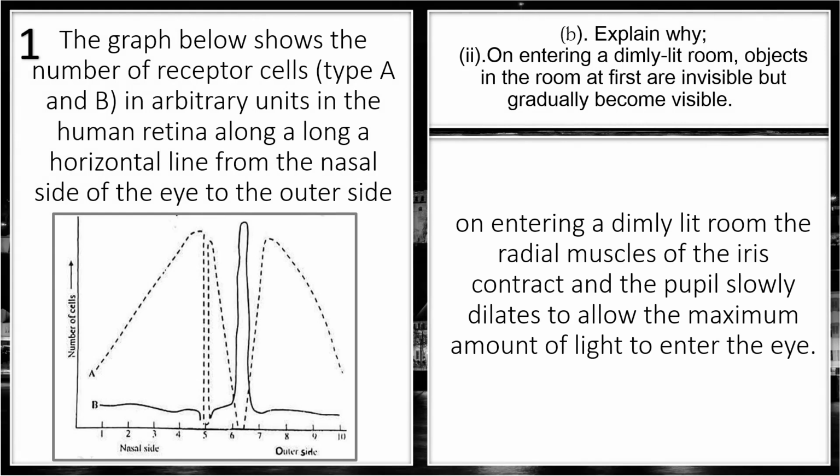On entering a dimly lit room, the radial muscles of the iris contract and the pupil slowly dilates to allow the maximum amount of light to enter the eye.